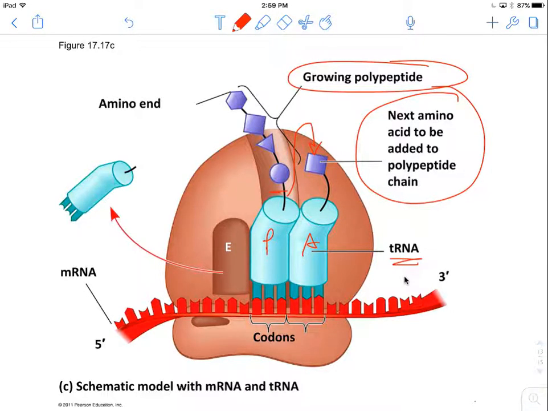Once the polypeptide chain is cut off of this tRNA in the P site, it moves over to the E site and exits. See, now there's nothing there. It exits the ribosome, everything shifts, and then the A site opens up again. Okay, and that's basically translation. So you'll see that in the next screencast.